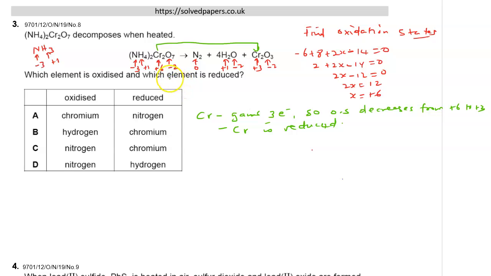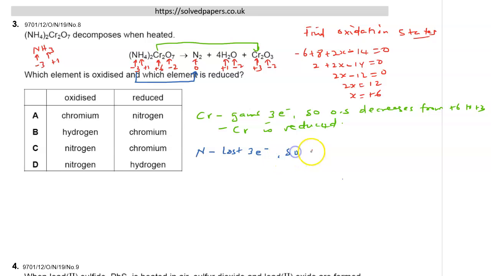What about nitrogen? You can see nitrogen is from minus 3 all the way to 0. So what has happened to nitrogen? Nitrogen has lost electrons for its oxidation state to increase from minus 3 to 0. So it lost 3 electrons.